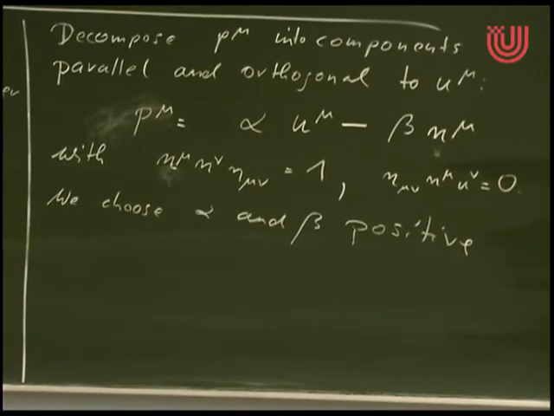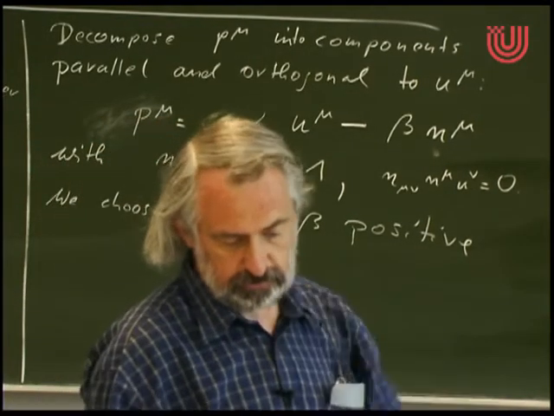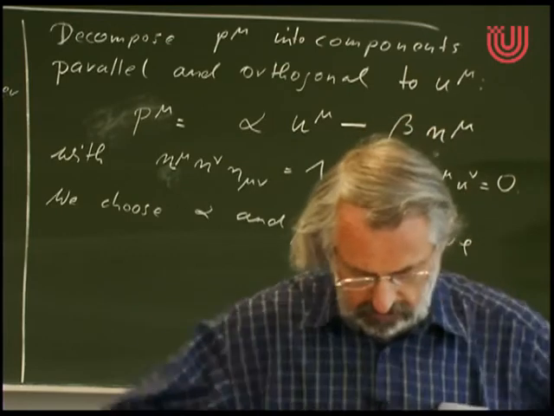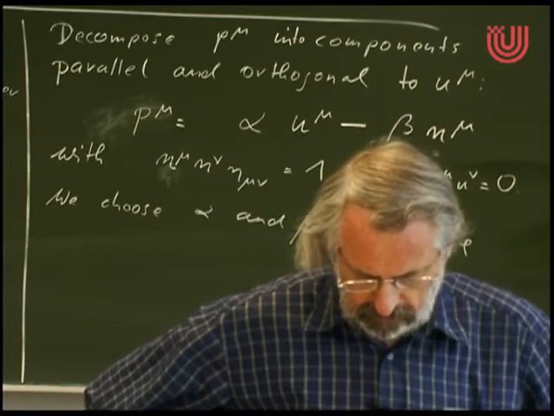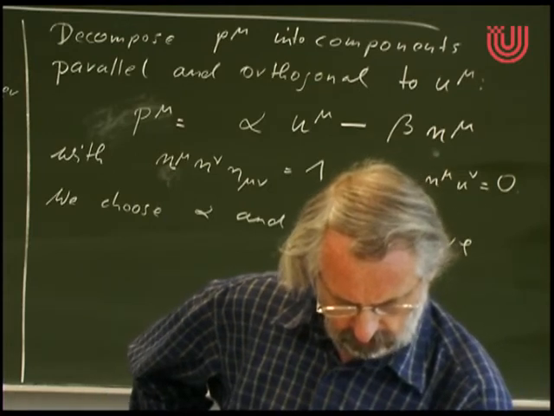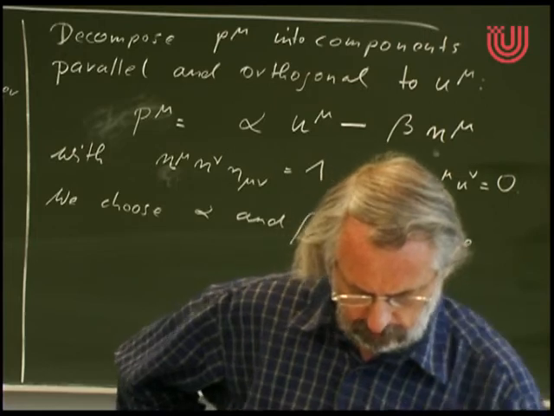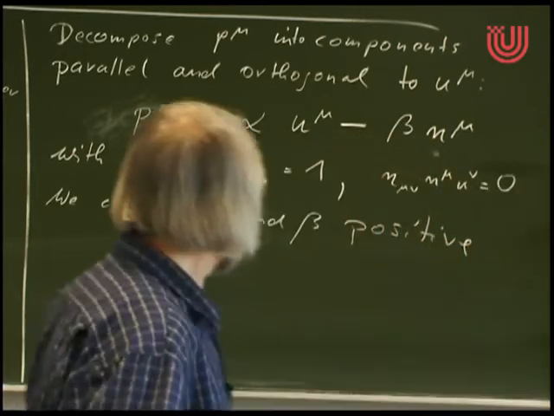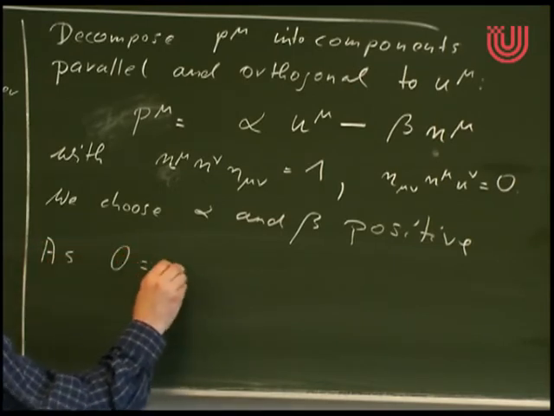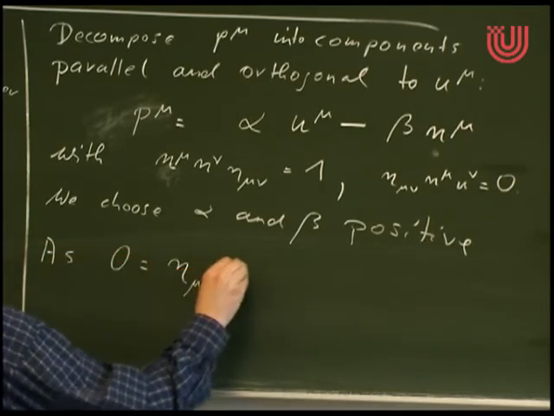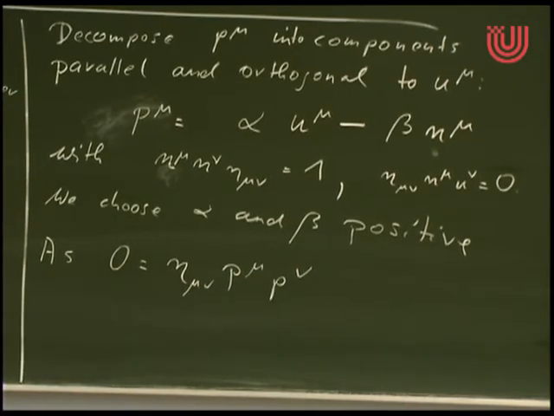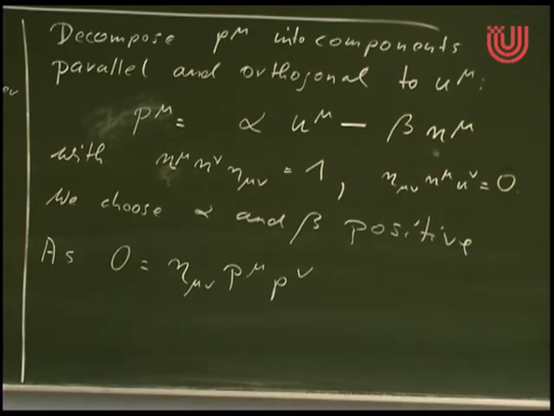And now we can determine the coefficients alpha and beta. So obviously they must have something to do with the u mu and the momentum. What do I calculate first? Let's first consider the fact that the p mu is light-like. So I have eta mu nu p mu p nu equals 0, right? Because we are considering a photon. Photon has a light-like four-momentum.